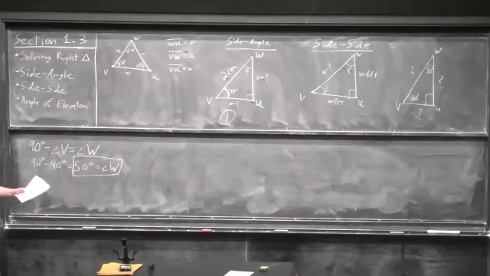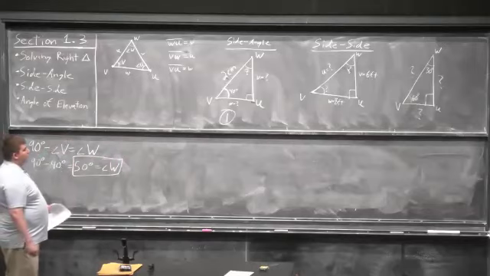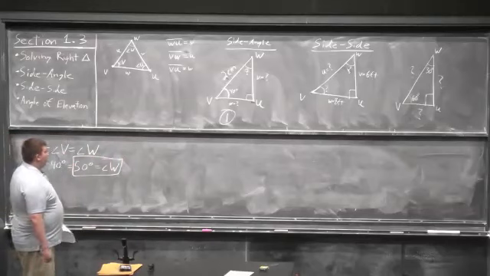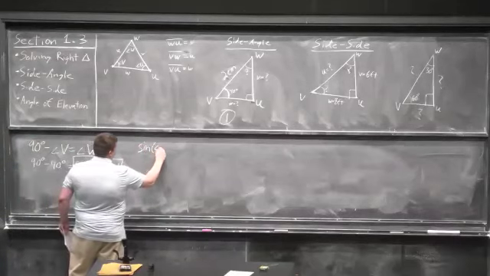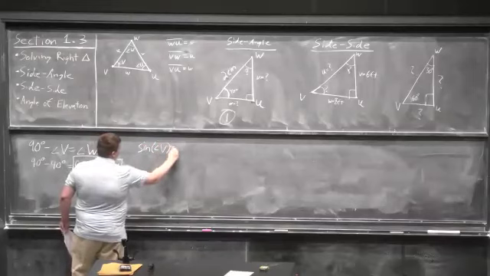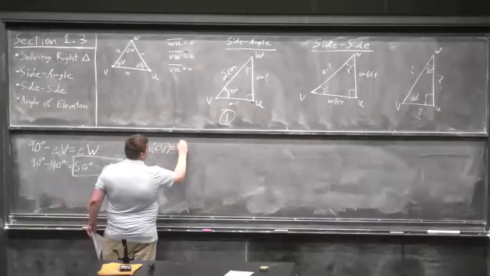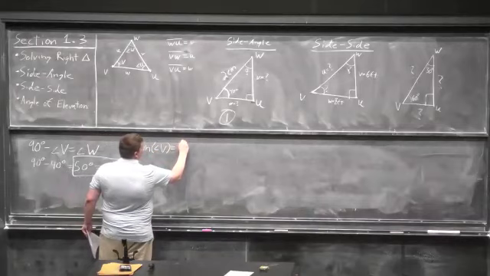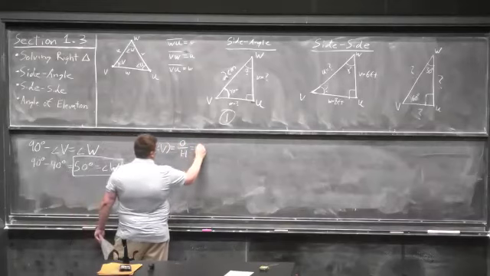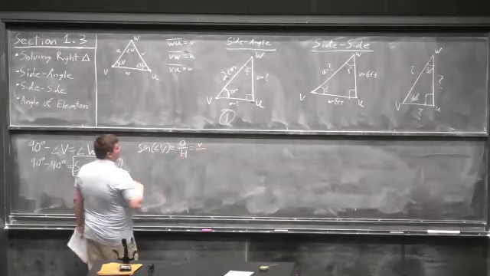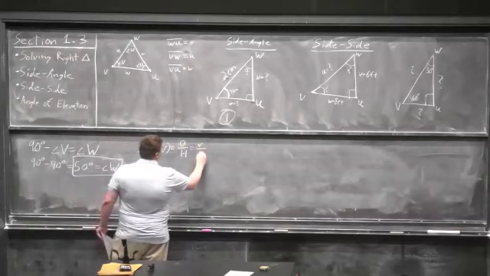Well, what about side v? Well, we know that sine of angle V is equal to the opposite over hypotenuse, which in this case, our opposite is side v over 2 centimeters.